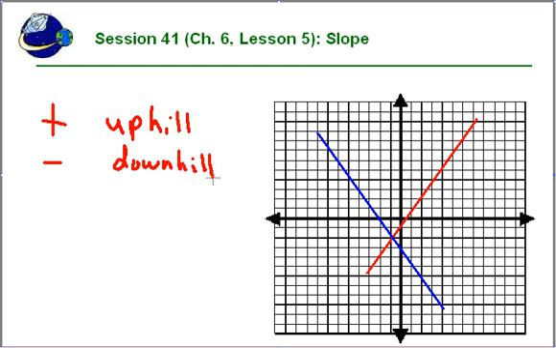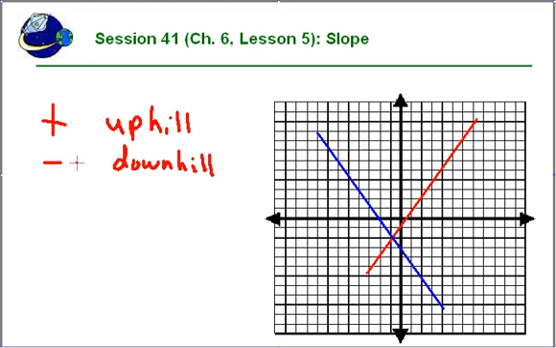Now the steepness of the slope, the steeper it is, the bigger the slope will be. The more gentle the slope is, the smaller the number will be. A big negative number for a slope means a very steep downhill slope.